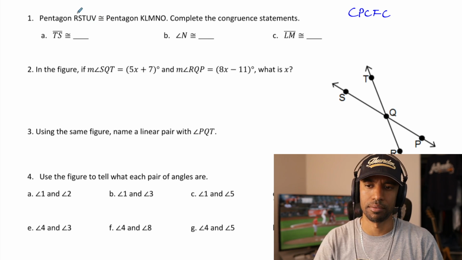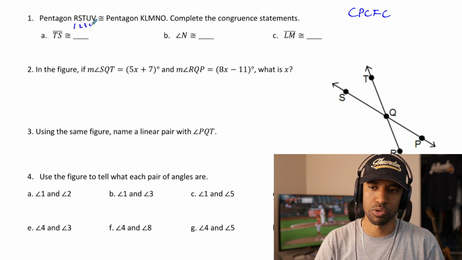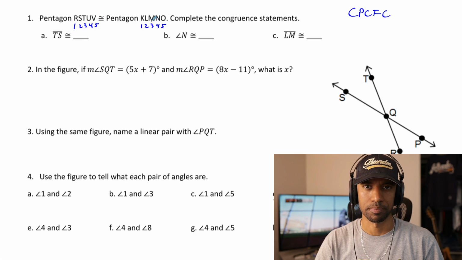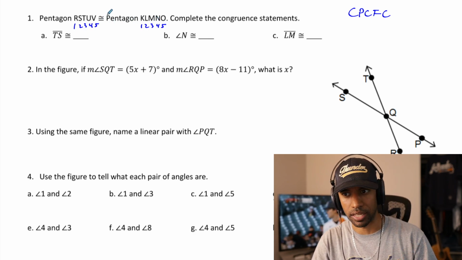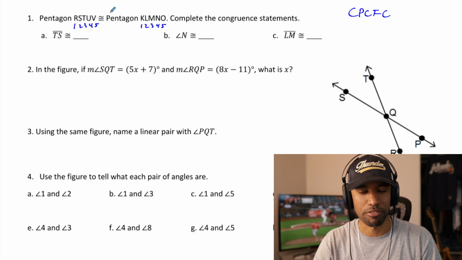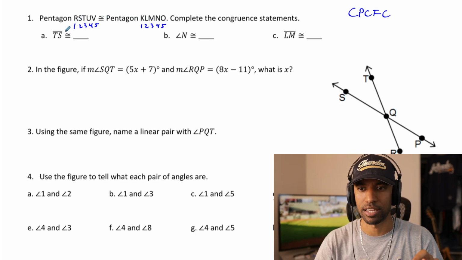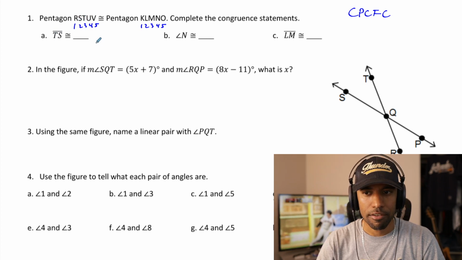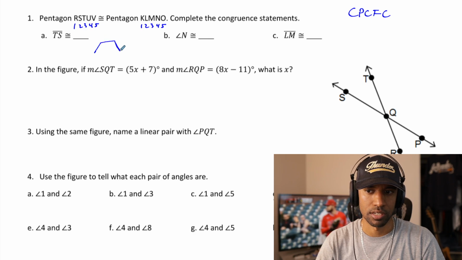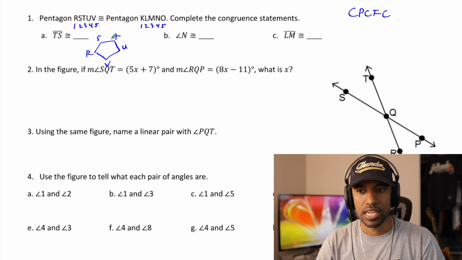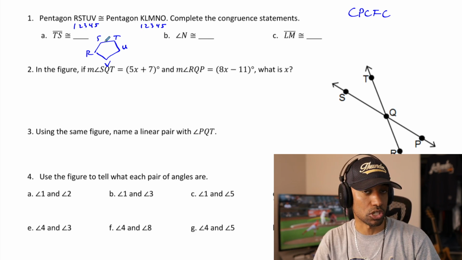No drawings required. RSTUV, letters 1, 2, 3, 4, 5. KLMNO, letters 1, 2, 3, 4, 5. The letter order matters, not because they're alphabetical, but just where they fit. TS are letters 3 and 2. If this were drawn, T and S do need to make a segment with each other, right?